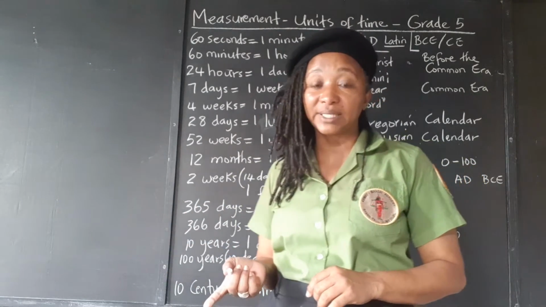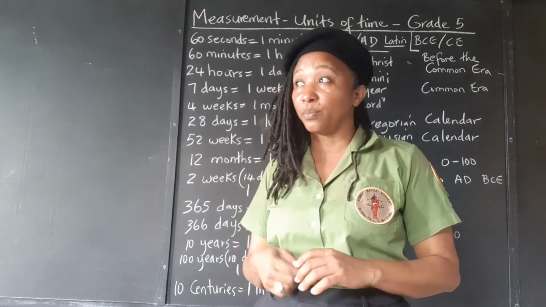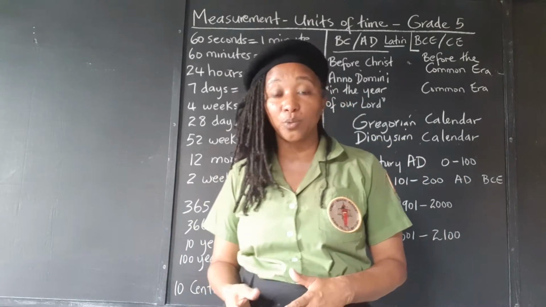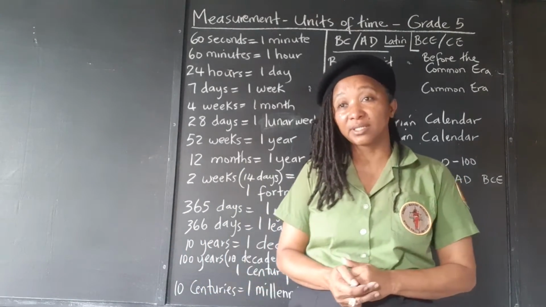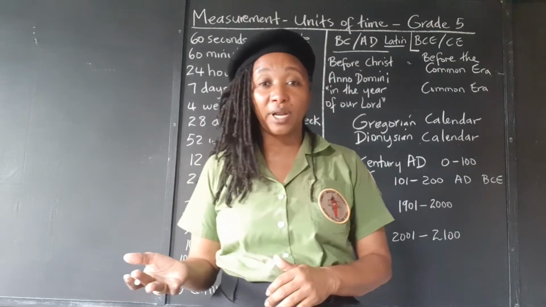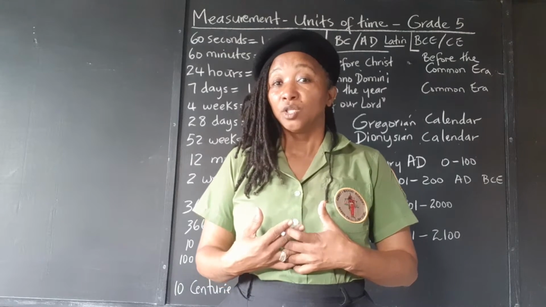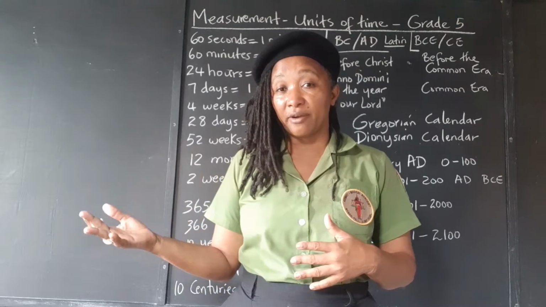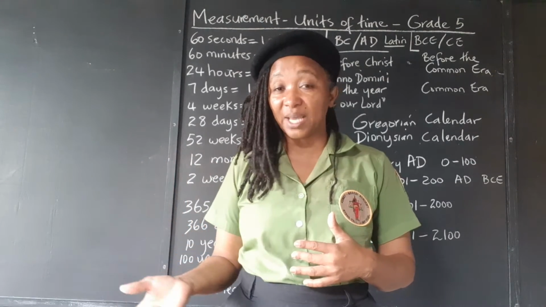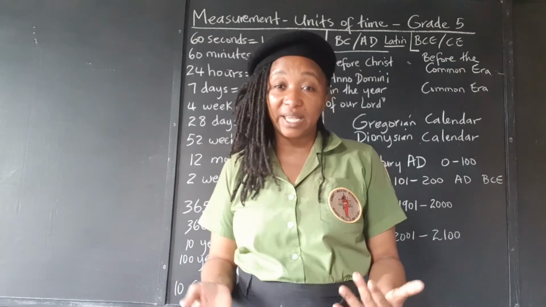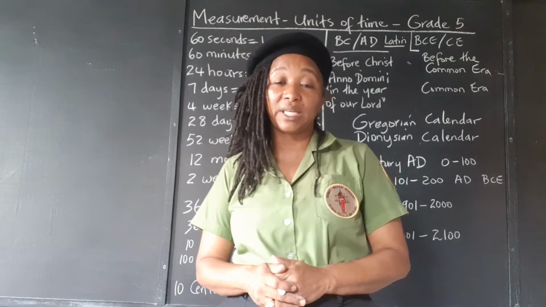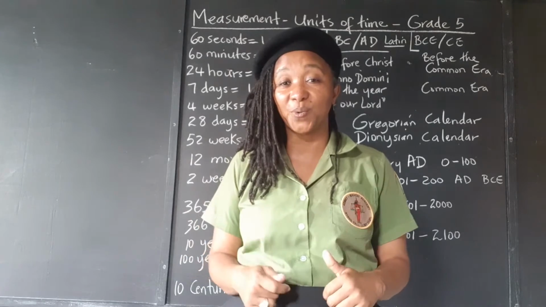This was not always the case, right? It depends on the calendar that we're using, and some countries, some cultures around the world actually don't use the same calendar that we use, right? So they don't have the same number of months or the same number of days in a year. So don't think that this is set in stone.